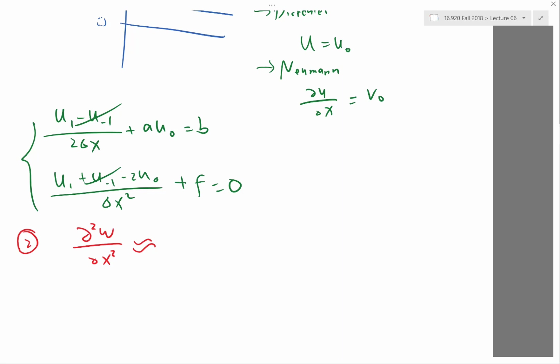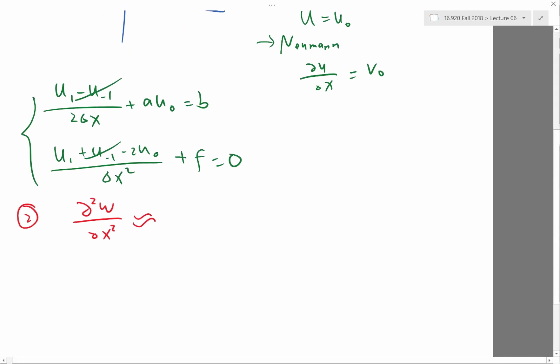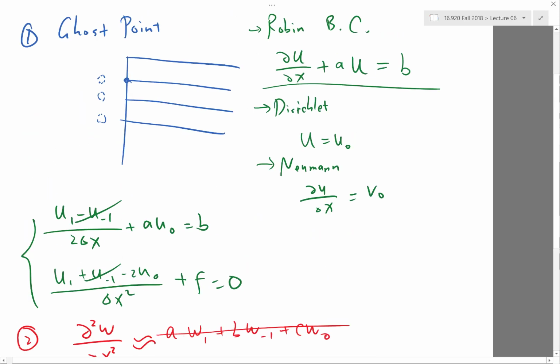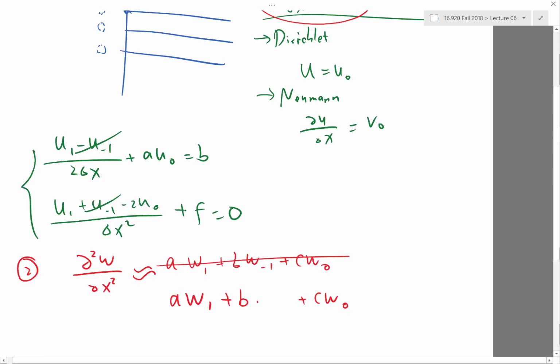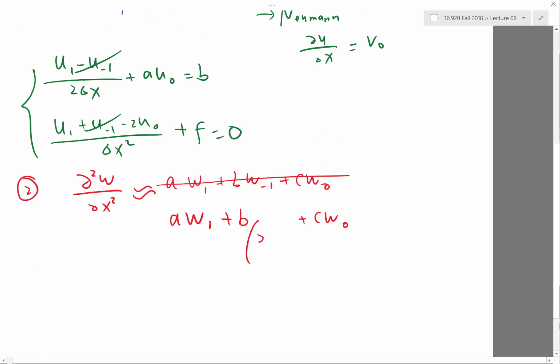Instead, I'm going to use the boundary condition. So here, instead of combining with unknowns, let's say A times W1 plus B times W minus 1 plus C times W0, I'm not going to do this. Instead, I'm going to be doing A times W1 plus C times W0 plus B times this guy: B times the derivative of W plus W at x equal to 0.